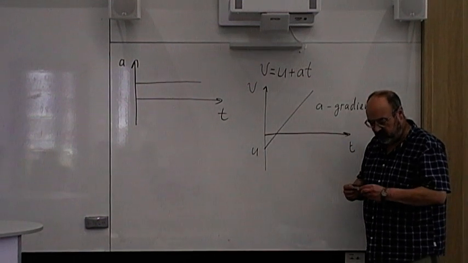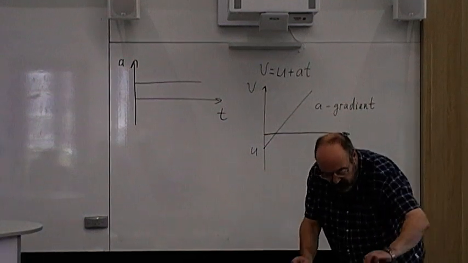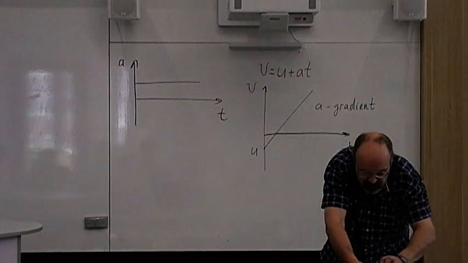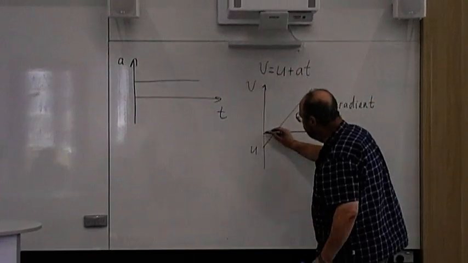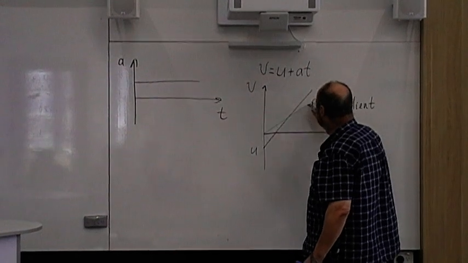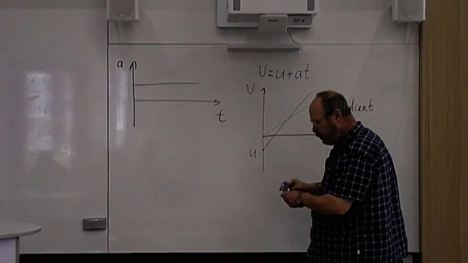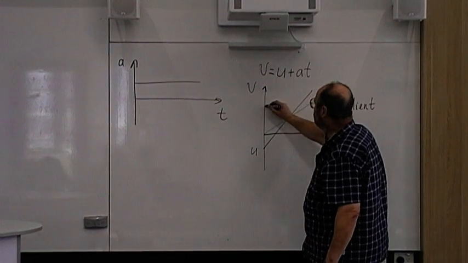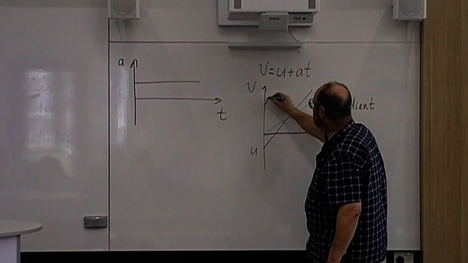If it starts from rest, then the graph will be like this, for example. Or if it starts from positive velocity, then it goes like this.